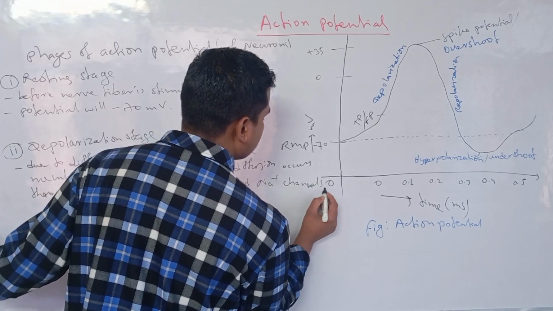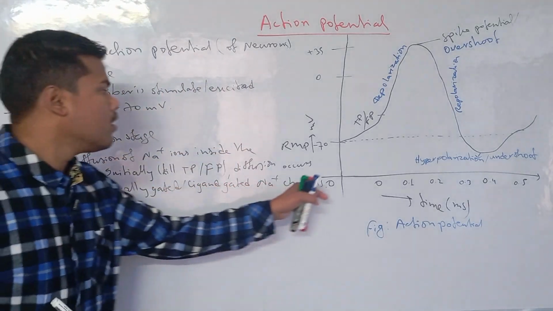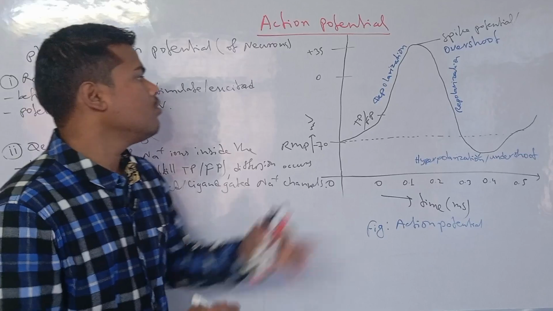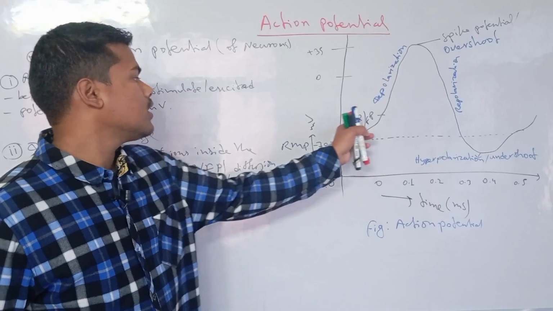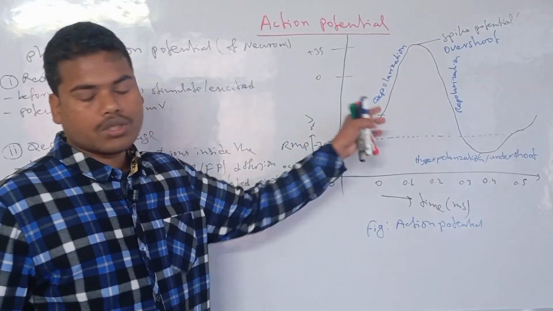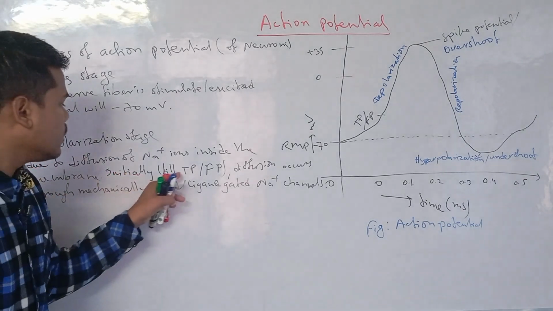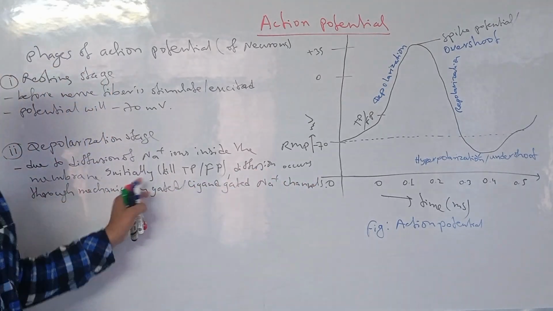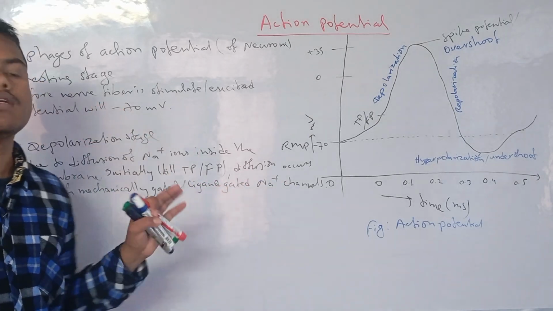Remember, from the beginning the diffusion of sodium will not occur through the voltage gated sodium channel. At first, till the firing potential or threshold potential is reached, the diffusion of sodium will occur through the mechanically gated or ligand gated sodium channels.